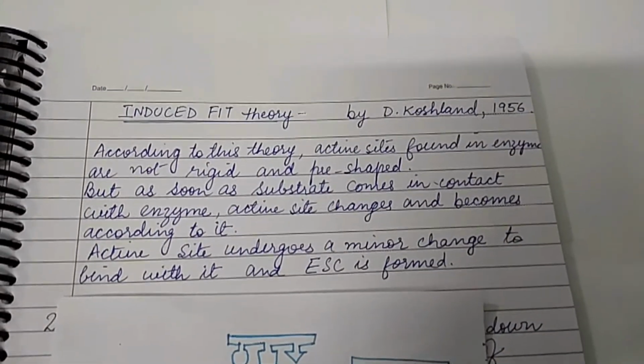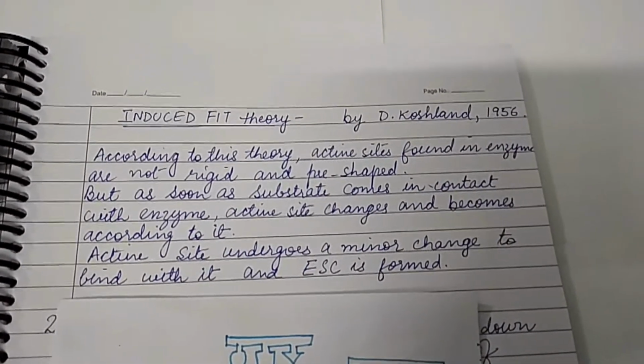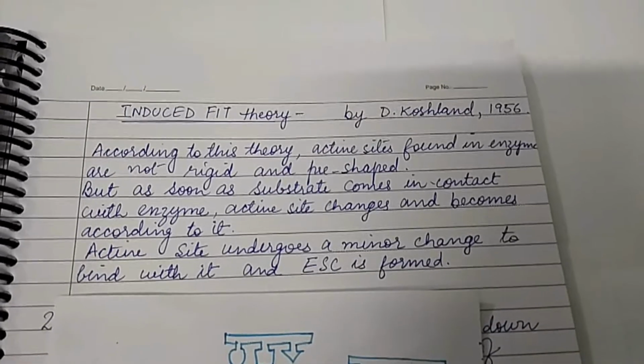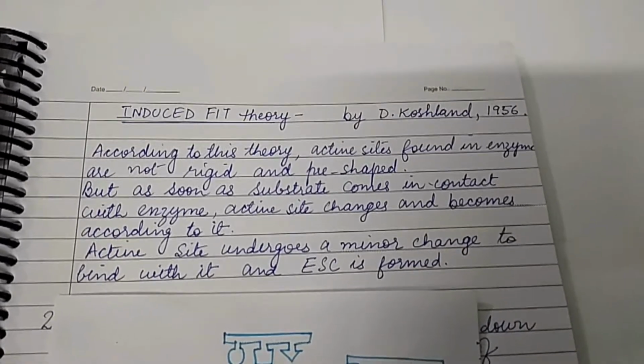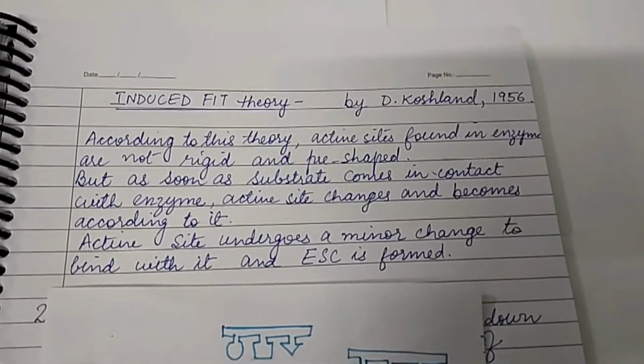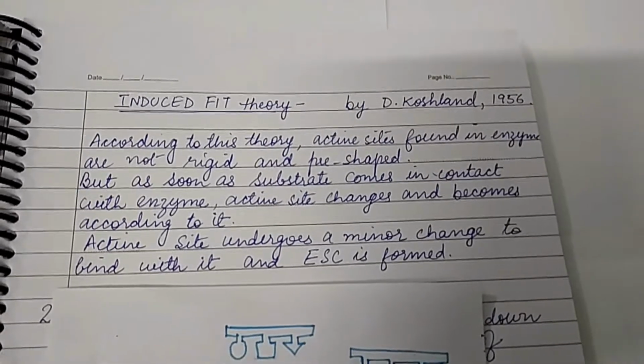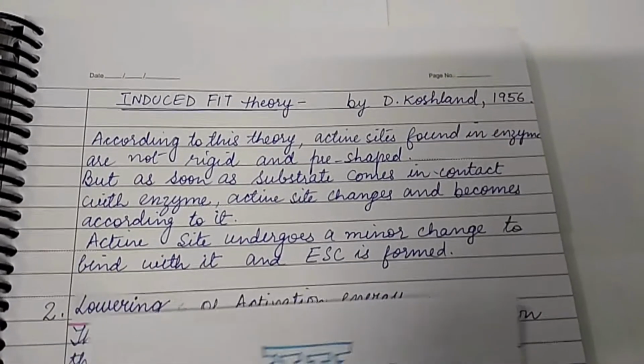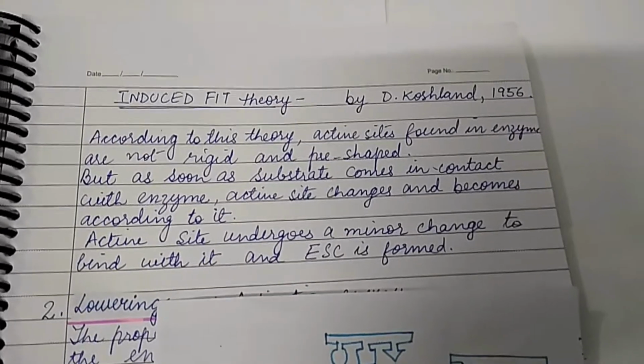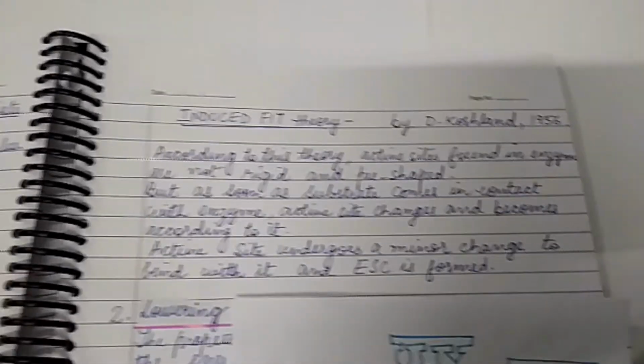But as soon as the substrate comes in contact with the enzyme, the active site changes and becomes according to it. So the active site undergoes a minor change to bind with it and the ES complex is formed.